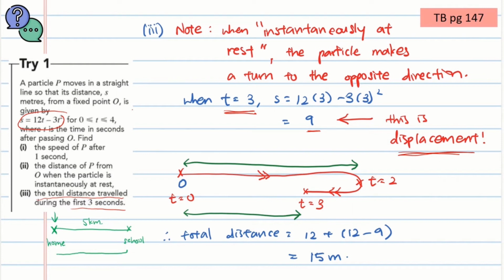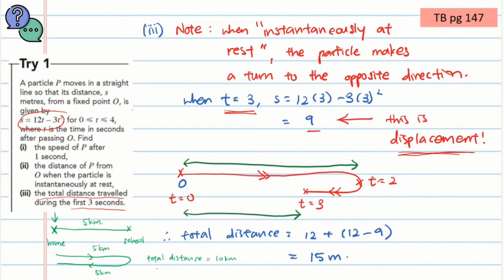But if your journey is from home to school and back to home again, you will find that you travel 5 km to school and another 5 km back home. So your total distance traveled is actually 10 km. I'm sure all of you would know that.